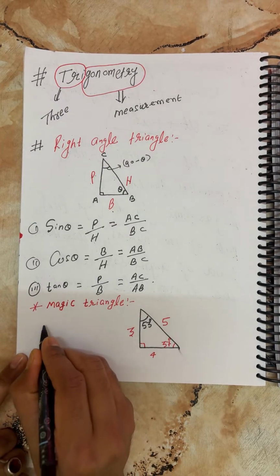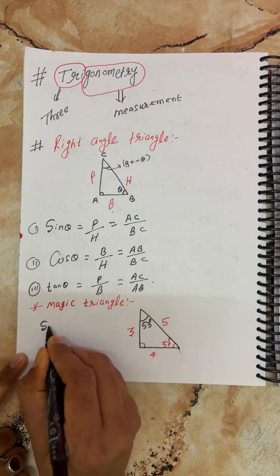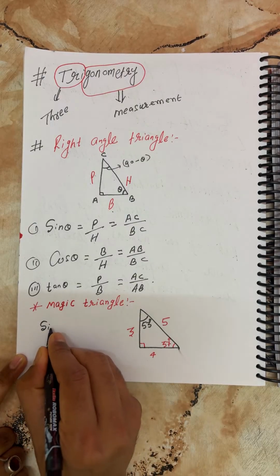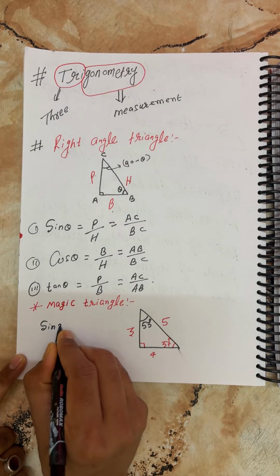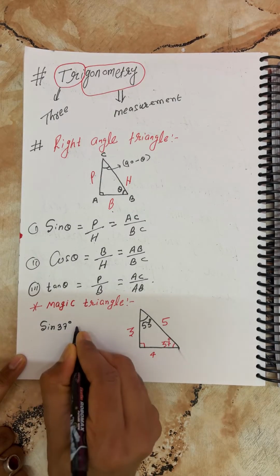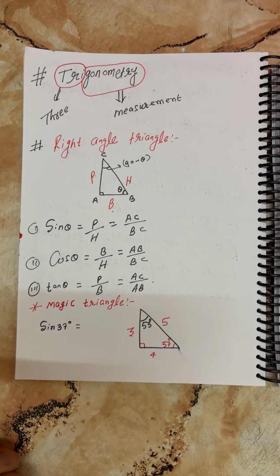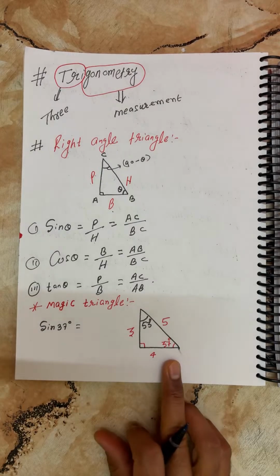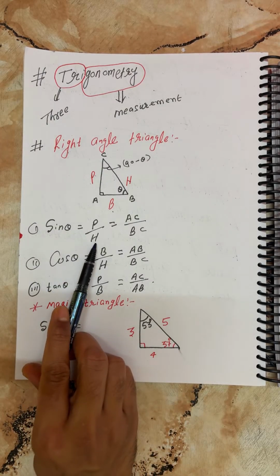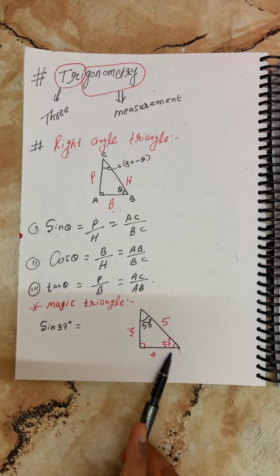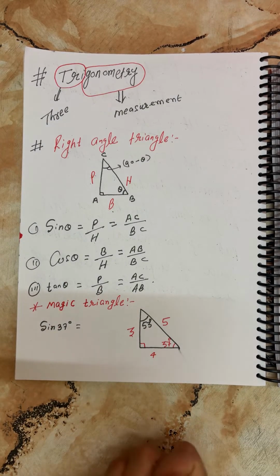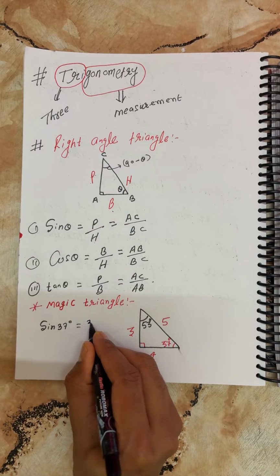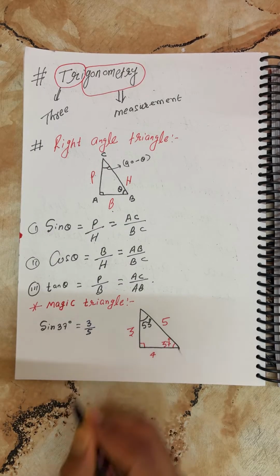Okay, now tell me, what is sin 37? From the triangle, tell me fast, quickly. Just now I said, what is sin theta? Perpendicular by hypotenuse. So this is perpendicular, this is hypotenuse, so you can write 3 by 5.